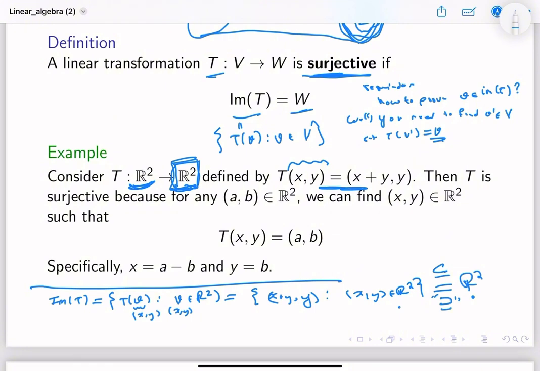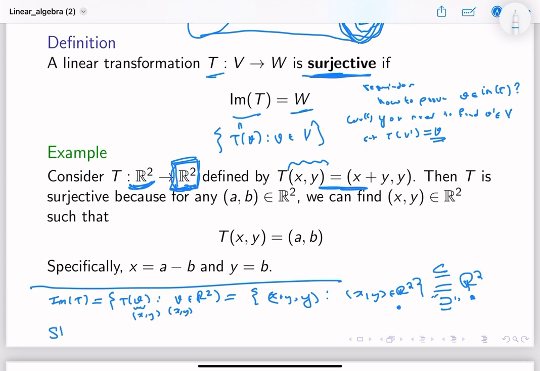If there is an element in R2 that's not contained here, then this equality cannot be true. However, if every element in R2 is contained here, then the image is equal to R2 and the map is thus surjective. So let us see why it's surjective, because I actually claim it's surjective.